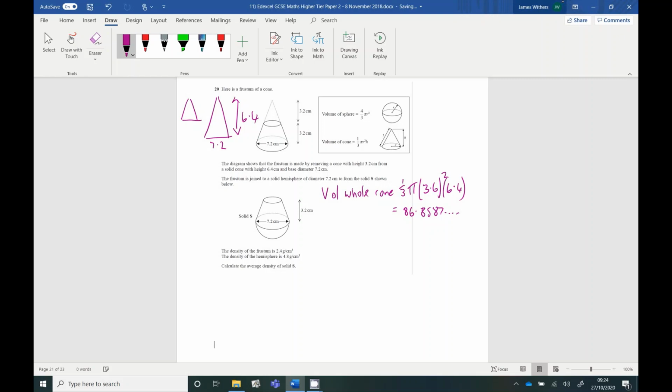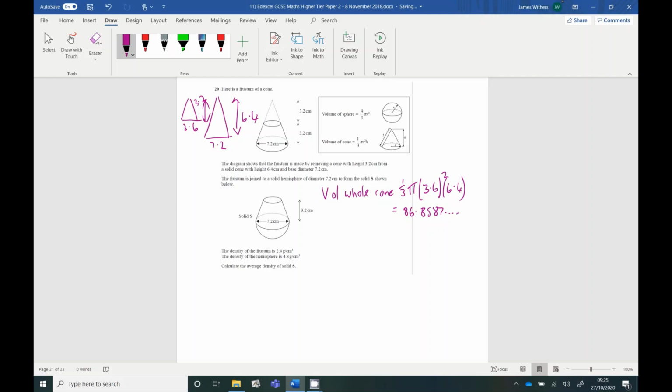Now we know that the cone part that's cut off has got a height of 3.2, so it's a similar triangle. That's half the height, so it's going to have half the diameter. So the diameter is going to be 3.6 for the part of the cone that is cut off. So that has a diameter of 3.6, so obviously a radius of 1.8.